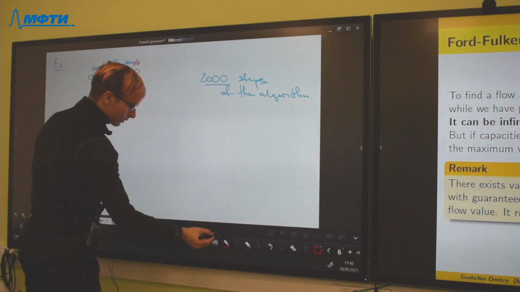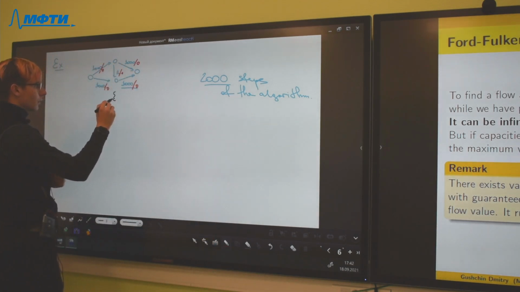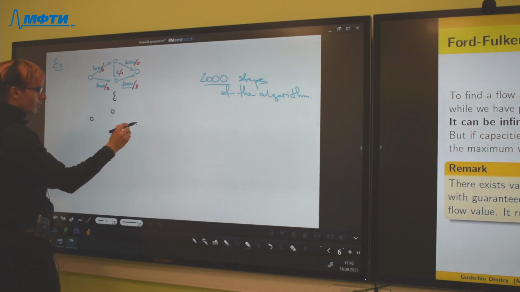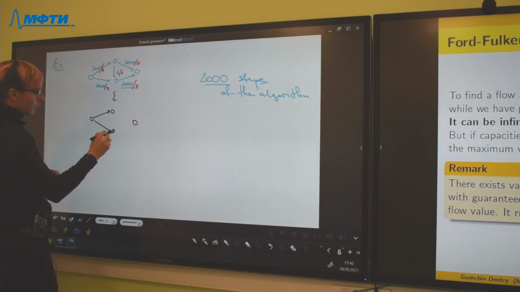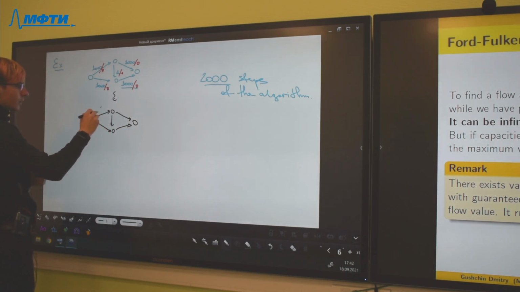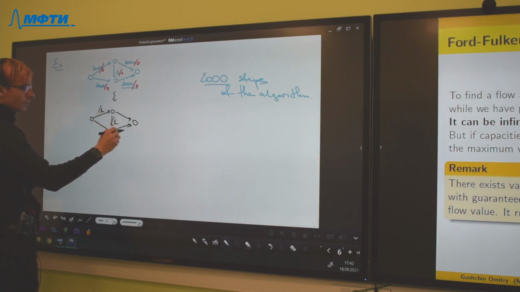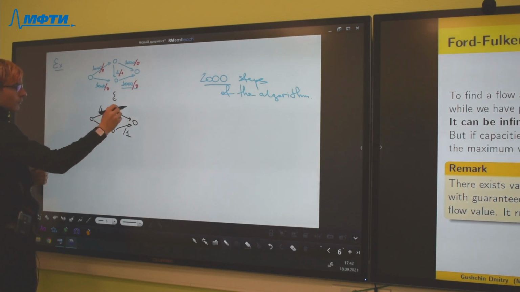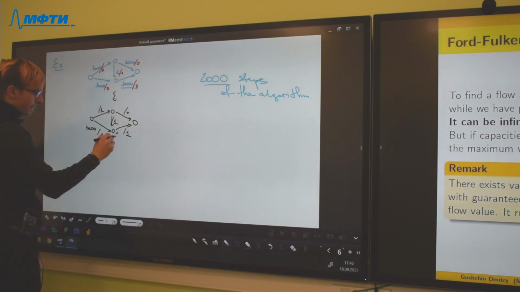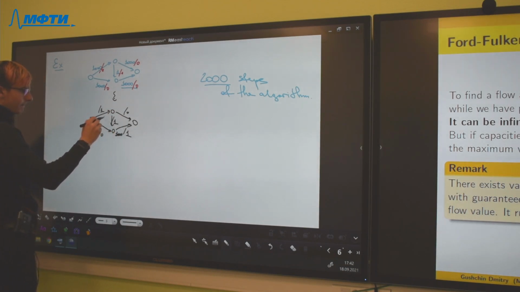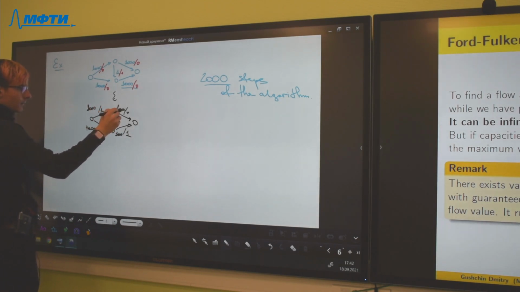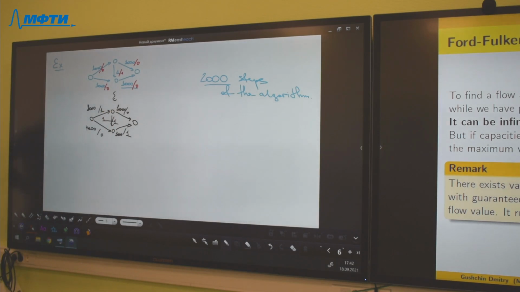Then in one step we get flow that will be equal to 1, as in the previous example.